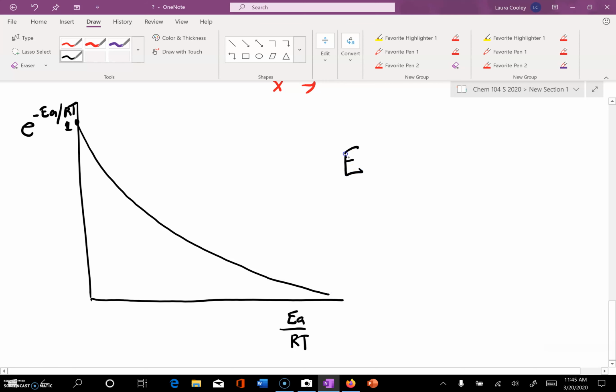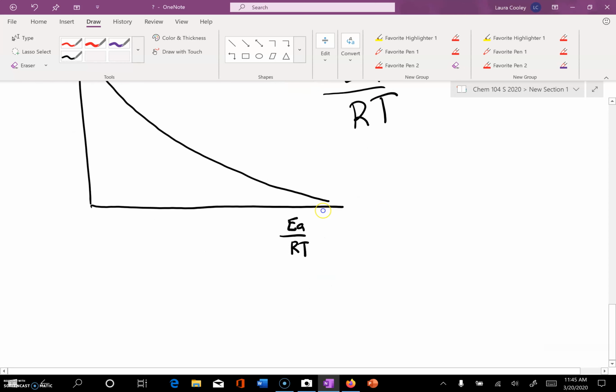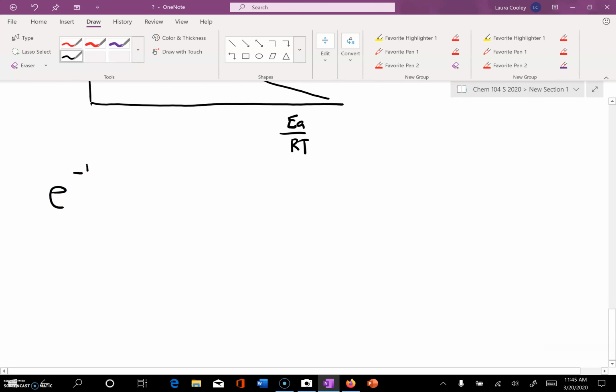So what I need to do is focus on this Ea over RT, okay? So why is this ratio in the exponent, with this being the fraction of collisions that have the activation energy? So if we focus on this Ea over RT ratio, okay?